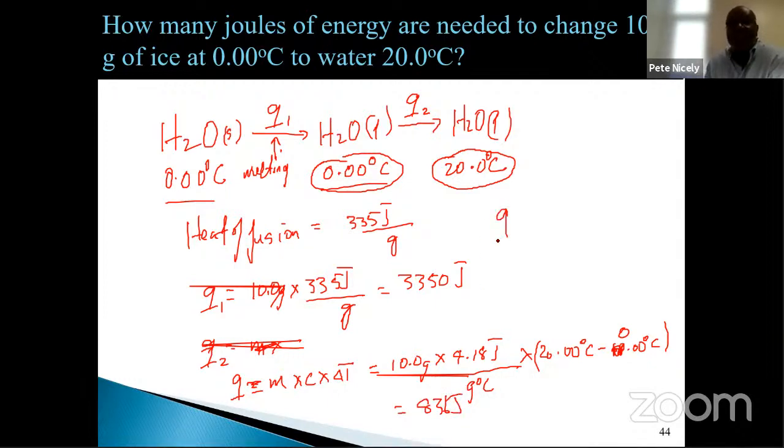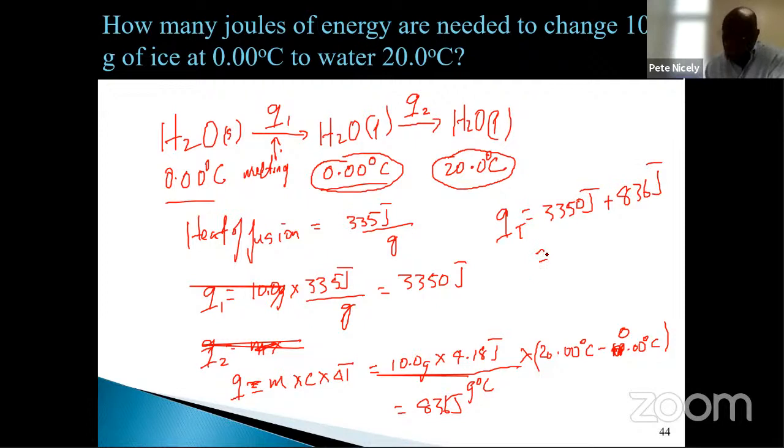So therefore, Q total would be equal to 3350 joules plus the 836 joules that we just calculated. And whatever that gives, that would be the answer.